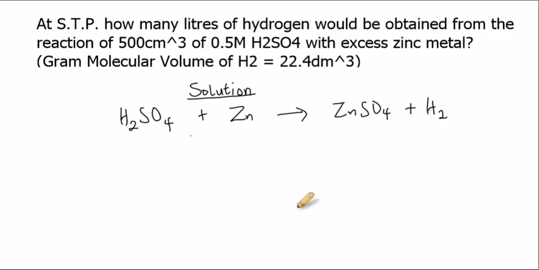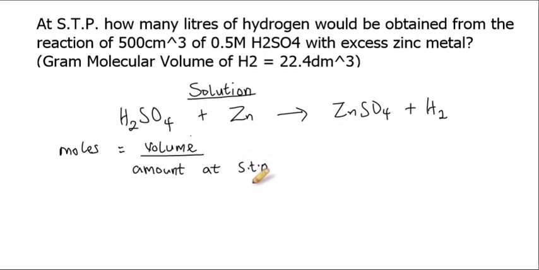Meanwhile, we are being given the molar volume of hydrogen gas at S.T.P. So to attempt this question, we'll be making use of the formula that says moles equals volume divided by amount at S.T.P. So amount at S.T.P here is the same thing as the gram molecular volume of the gas.